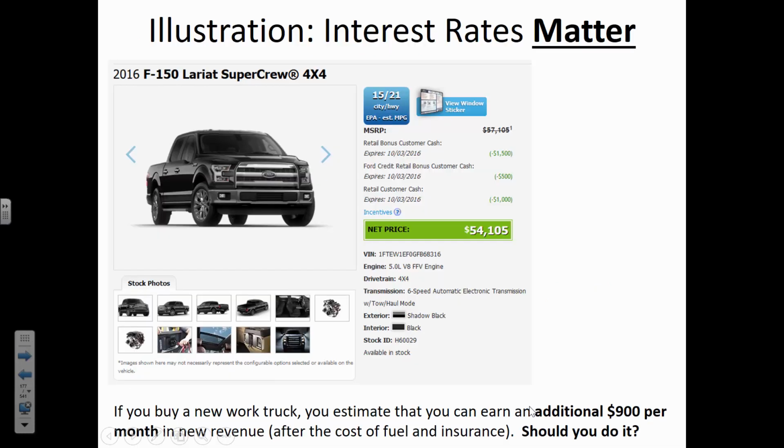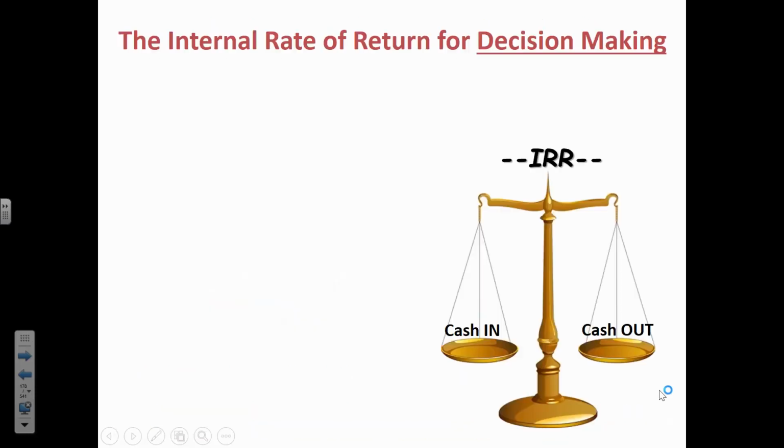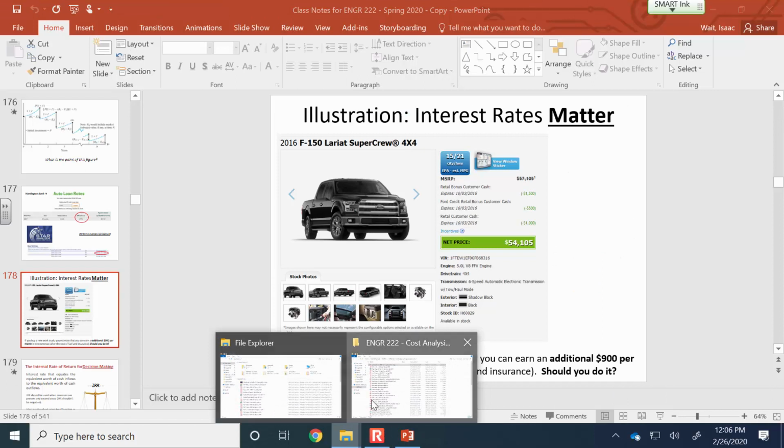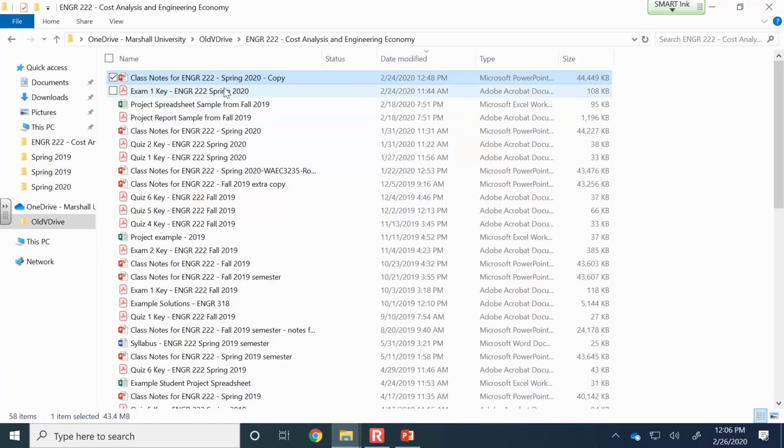So if you were going to be buying a new truck and you could earn an additional $900 per month in revenue if you put that truck into service, the question is, should you do it? And what I'm going to show you in the following spreadsheet is just an illustration that the interest rate would affect whether or not the truck is profitable.